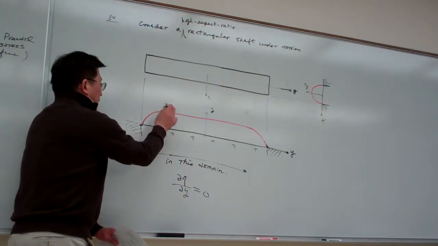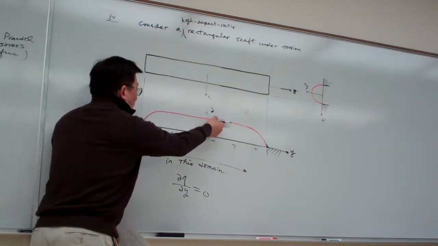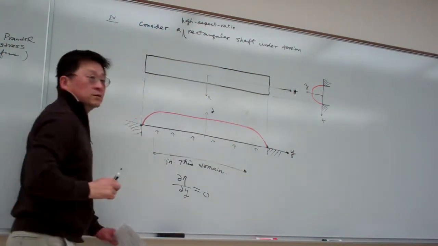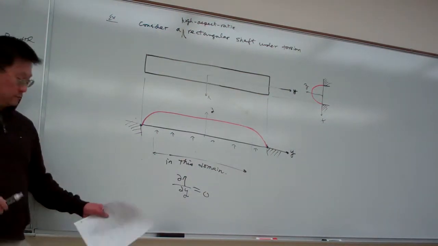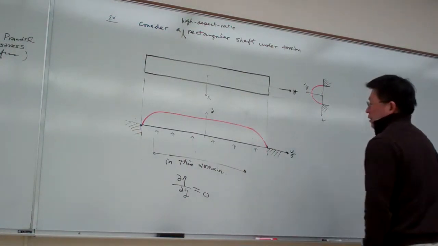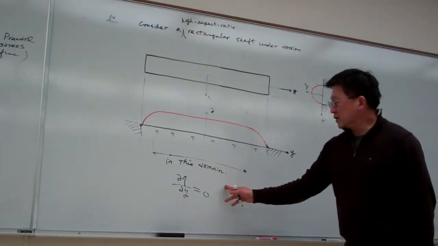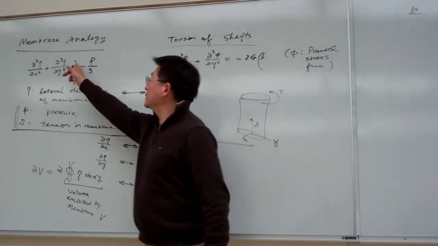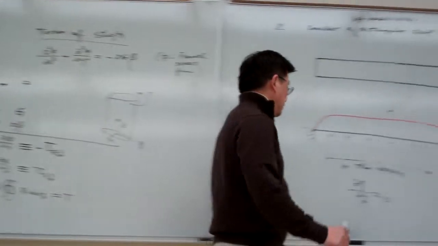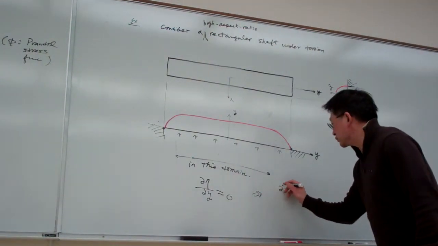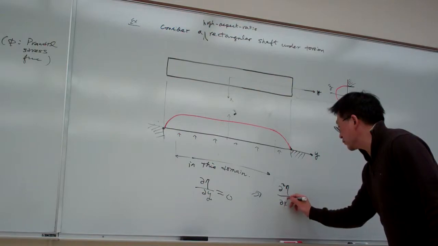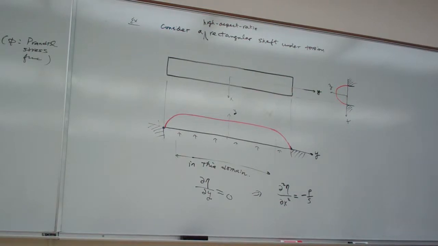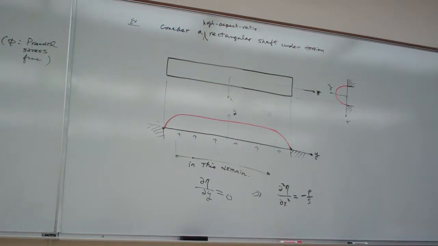That means the change in deflection in the y direction is almost 0, nearly 0 in this segment. So with this, in this domain, we can approximate this equation, and the second term is gone. So it's partial squared phi over partial x squared equal to minus p over s. Good? We do this approximation.